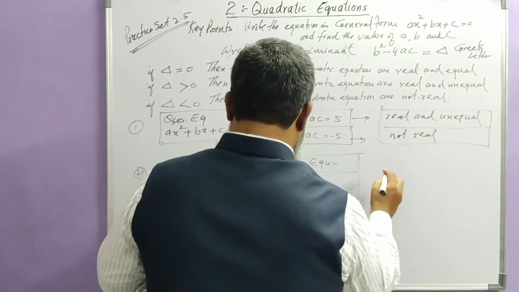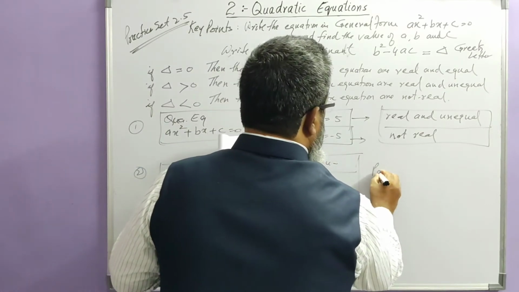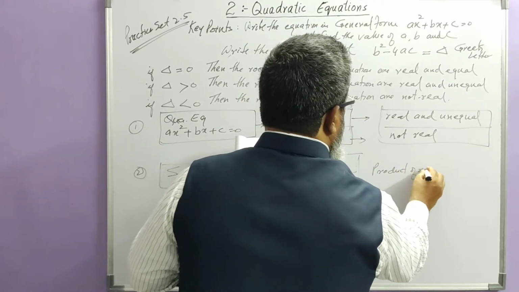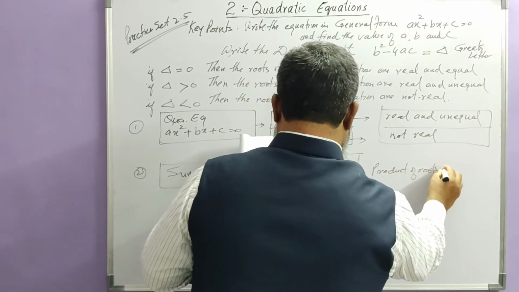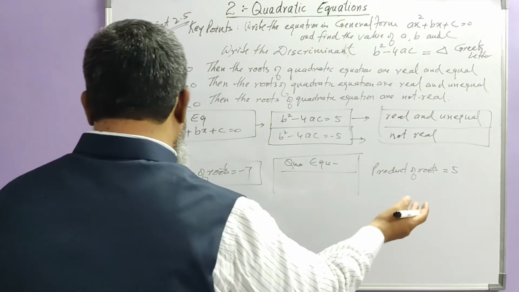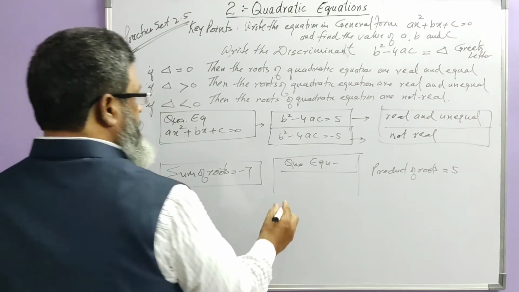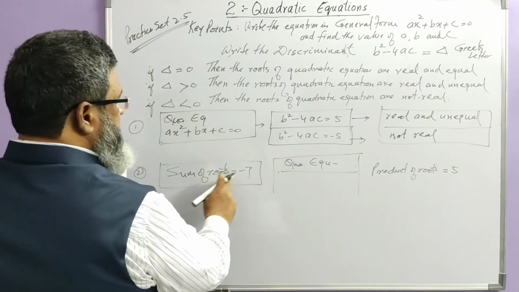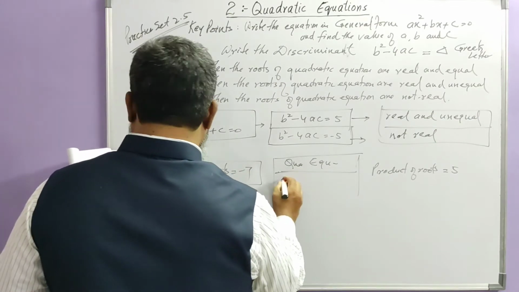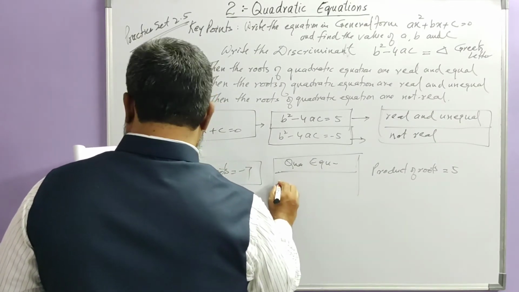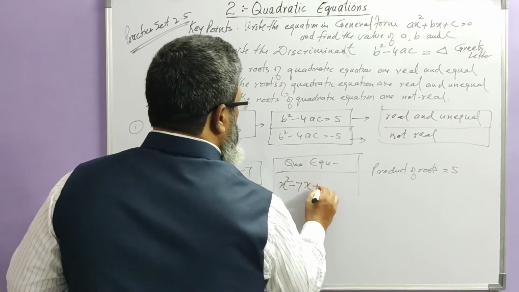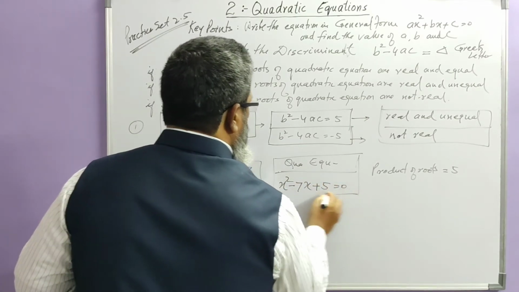Here it is given the product of roots is 5 and the sum is minus 7, so the quadratic equation is x square minus 7x plus 5 is equal to 0.